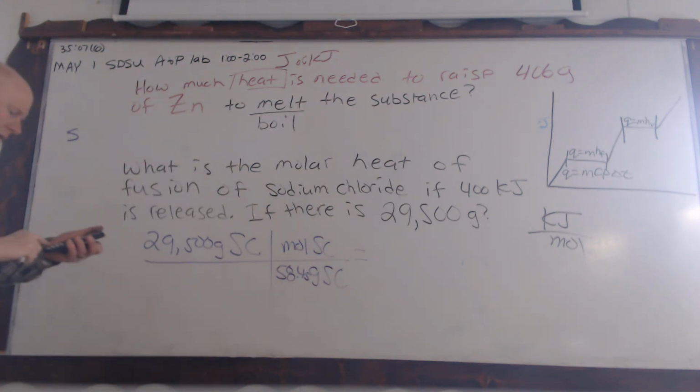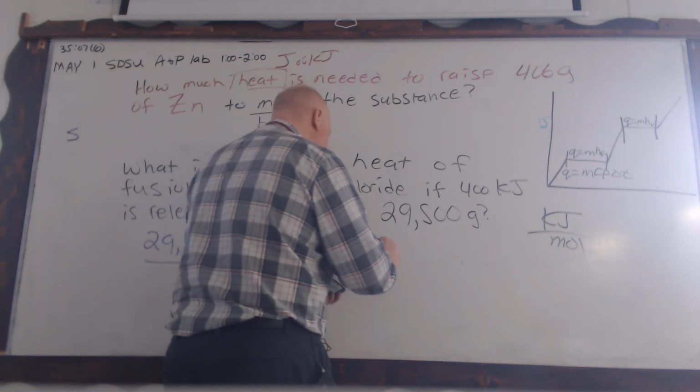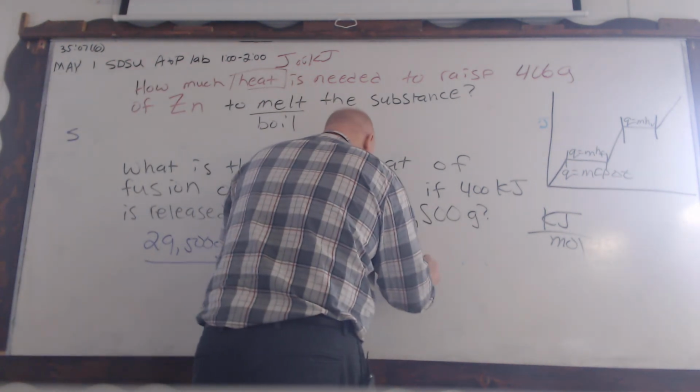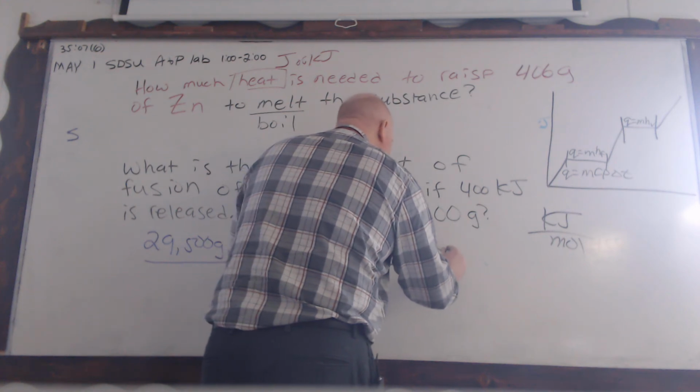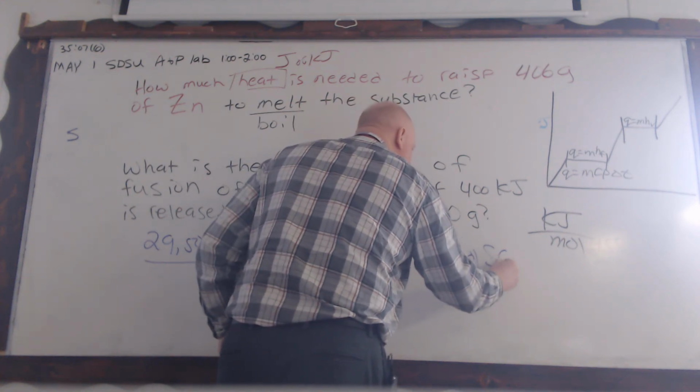Okay, so 29,500 divided by 58.45. That gives us 504.70 moles of sodium chloride.